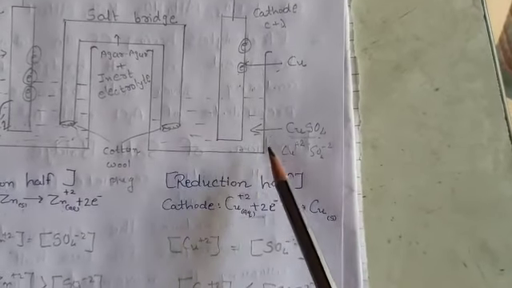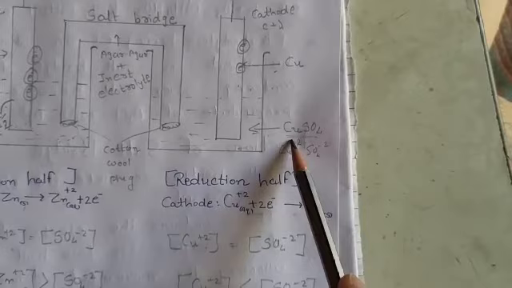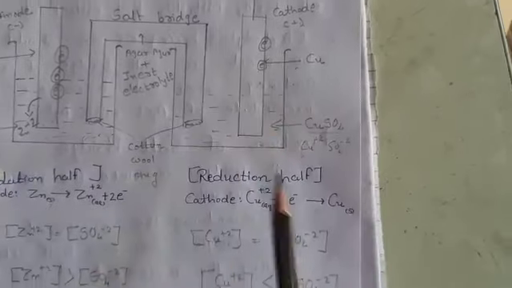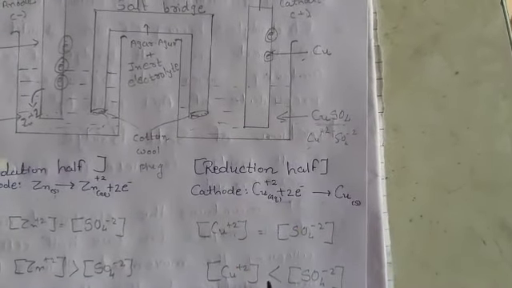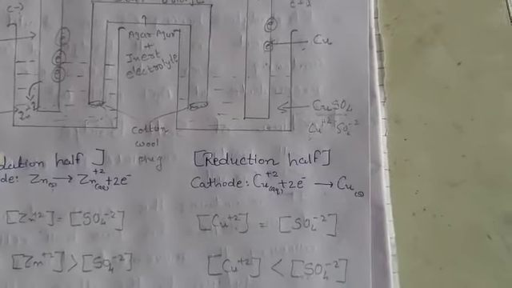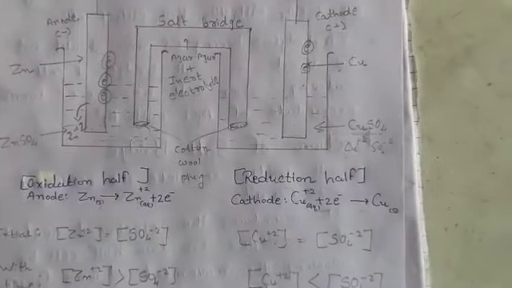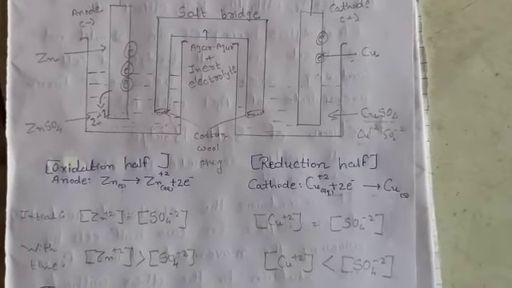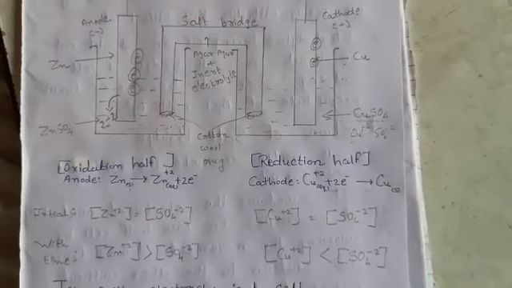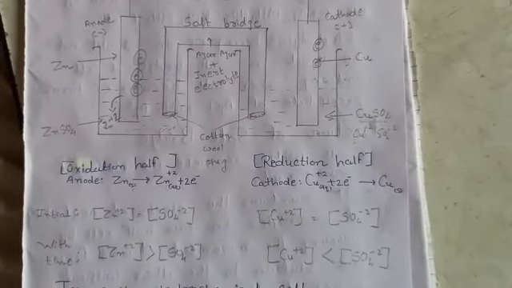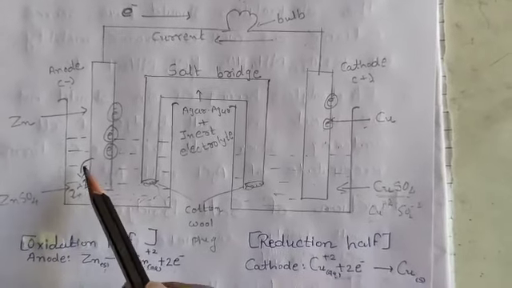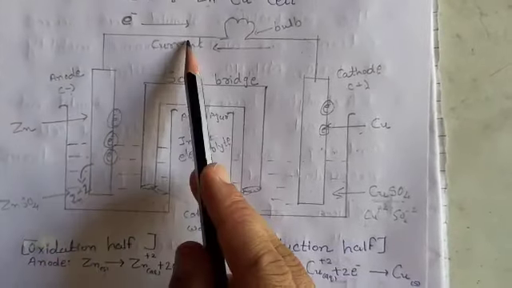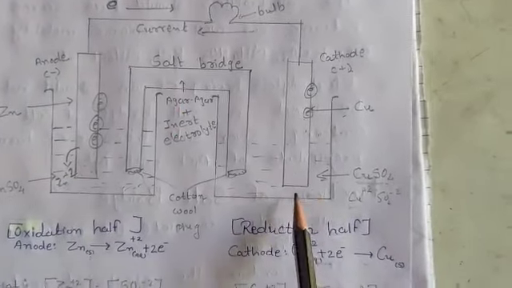And at this side, Cu+2 accepts electron and is deposited at the cathode. So there will be a lower concentration of Cu+2 as compared to SO4-2. Means after some time there is a generation of non-neutrality in the solution, and due to that the reaction may stop, because if on this side the concentration of Zn+2 ion increases, it does not allow electron to go from here.